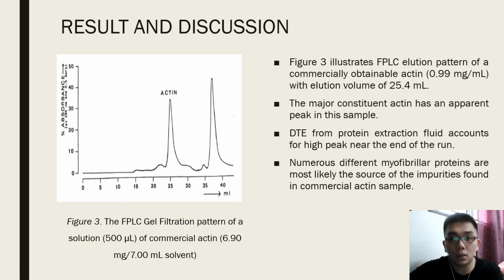DTE from protein extraction fluid accounts for the high peak near the end of the run. Adjacent to the maximum point of the actin, it is visible that the impurities bring minimal impacts to the adsorbents. Numerous different myofibrillar proteins are most likely the source of the impurities found in the commercial actin sample.